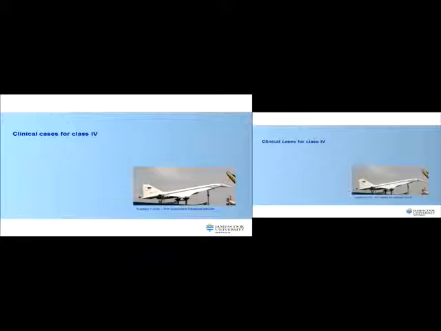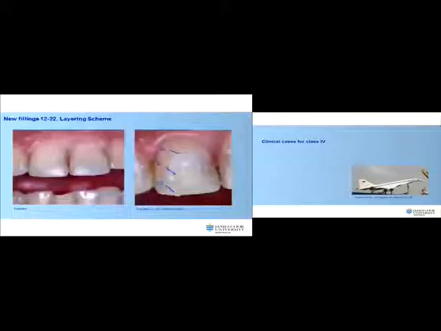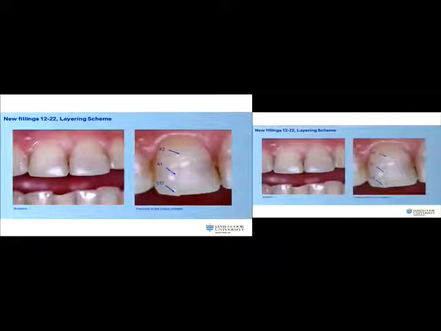And now let's look at some clinical cases. I would like to show you exactly what we do. For example, in this case, the first thing to do is look at the color and think about the layering scheme. As you can see, I placed little stubs of material on top of the tooth.